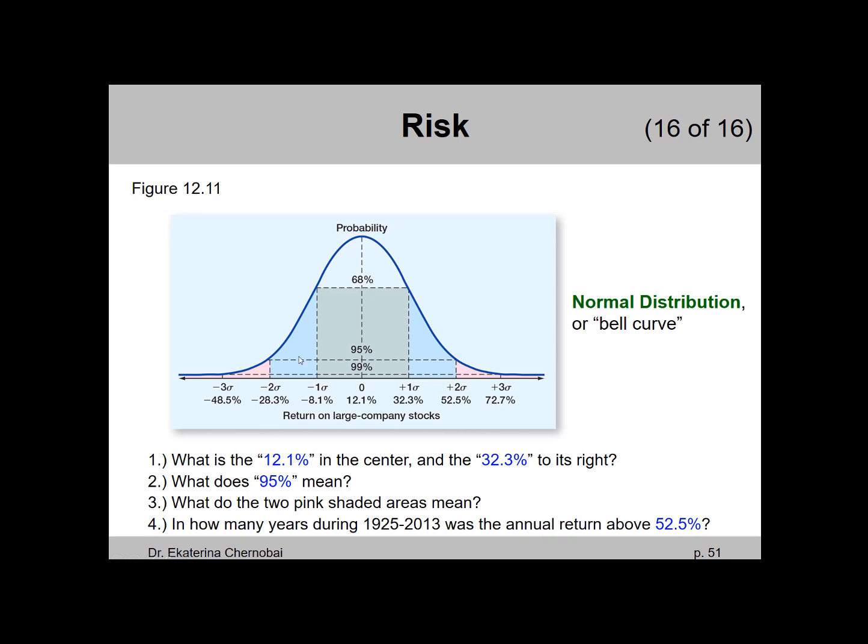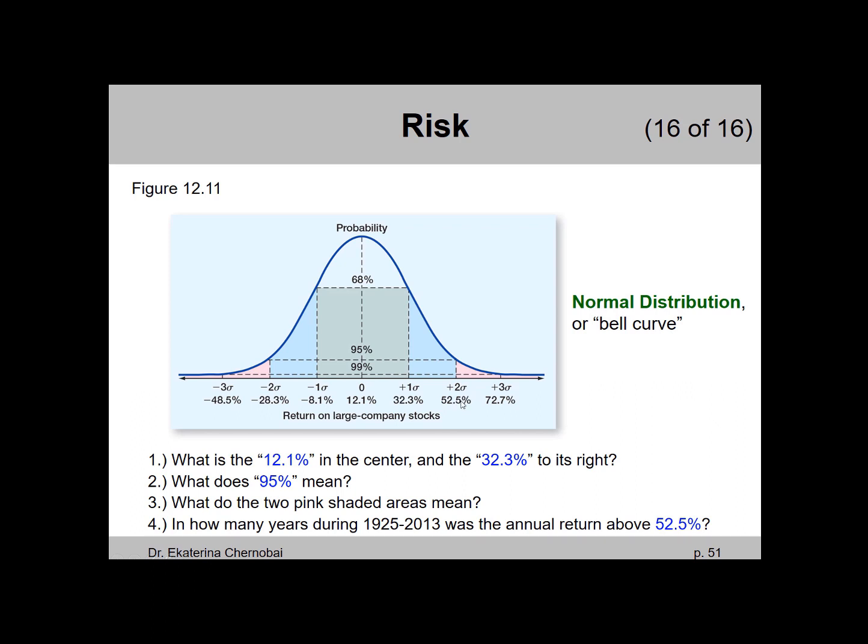Question number 2. There are 3 extra numbers under this bell curve: 68%, 95%, 99%. What does, for example, 95% show? It tells us that 95% of the time the return has been within 2 standard deviations, so between negative 28.3% and up to 52.5%.